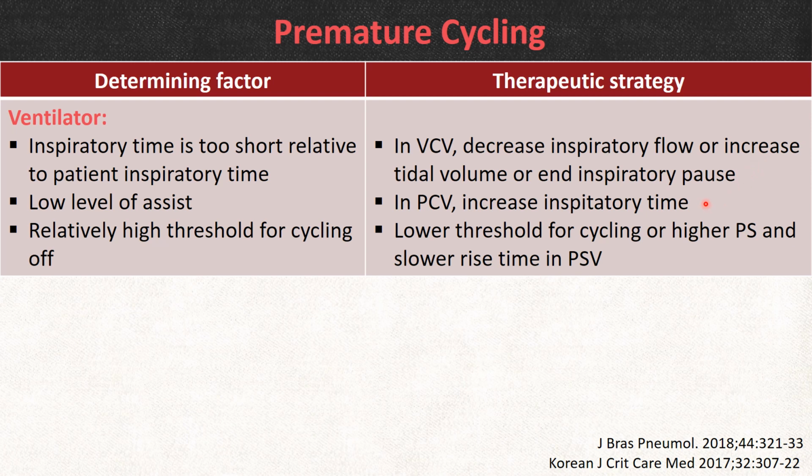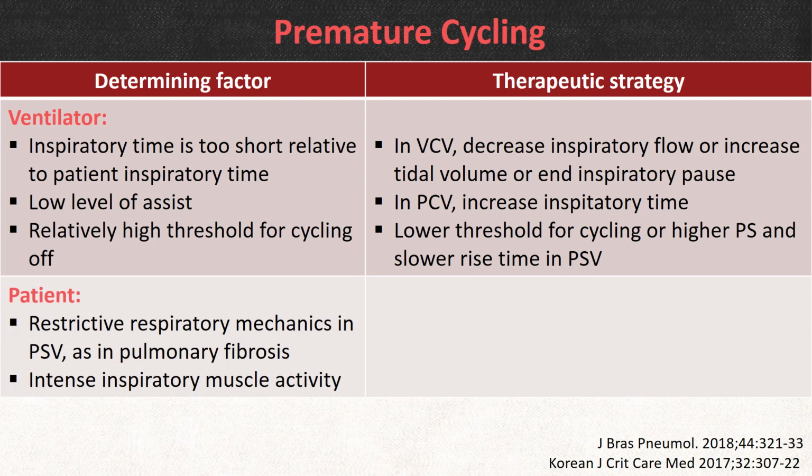In pressure control ventilation, we can directly increase the inspiratory time, and in the pressure support mode, we have to lower the threshold for cycling. Say if it is 50, then we can lower it to 25, or higher pressure support can be provided, or a slower rise time in pressure support ventilation. That can help to avoid premature cycling.